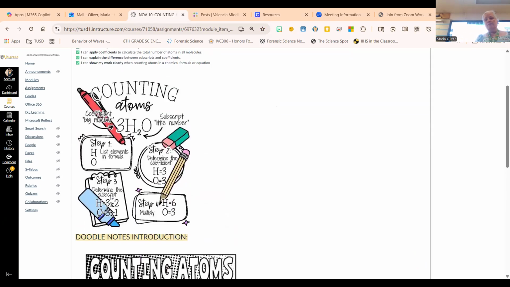So counting atoms is part of looking at chemical formulas. And there are a couple of steps that you're going to need to be aware of. First off, everything we do this week is going to be dealing with multiplying.